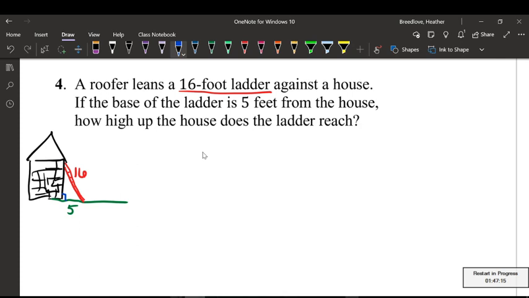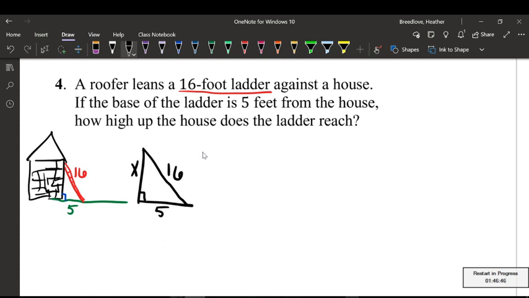We're assuming flat ground and a vertical wall. So if I were to redraw that as just a triangle, which your drawing could have been this simple, where you know that the house is on the left and that's X, that's what I'm looking for, and 5 is on the bottom and 16 is the ladder. So you could do either type of drawing, it doesn't matter, whatever works for you, or something in between.